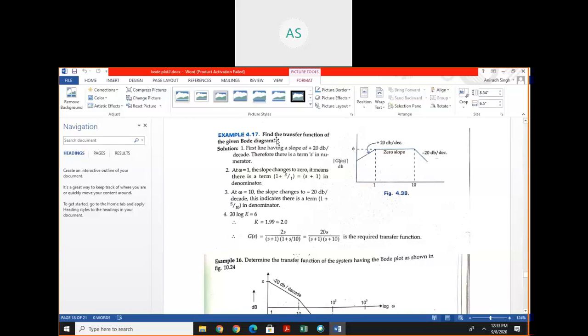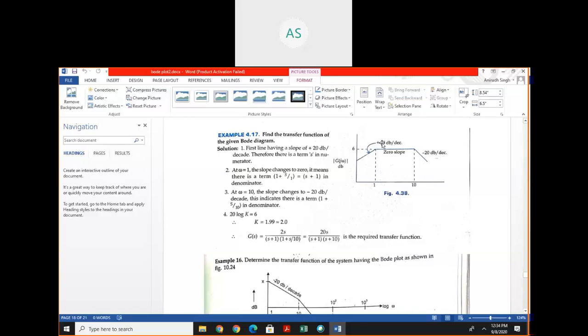The next question is, find the transfer function of the given Bode plot. This is the Bode plot and you have to calculate the transfer function. There is a slope of plus 20 dB.